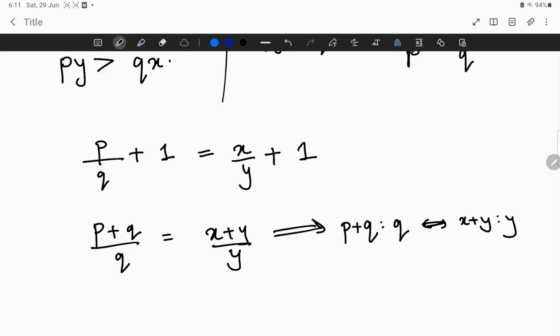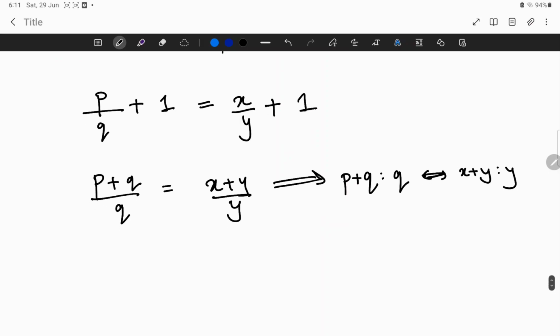Similarly, you can replace 1 with minus 1 and you will obtain the same results.